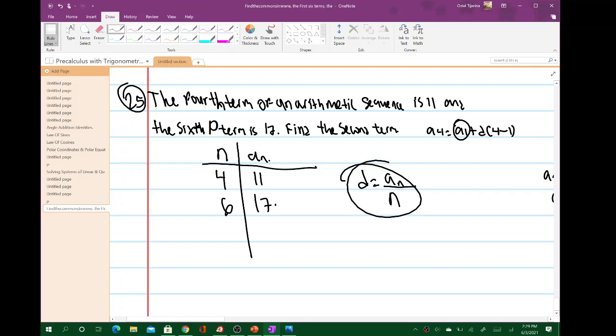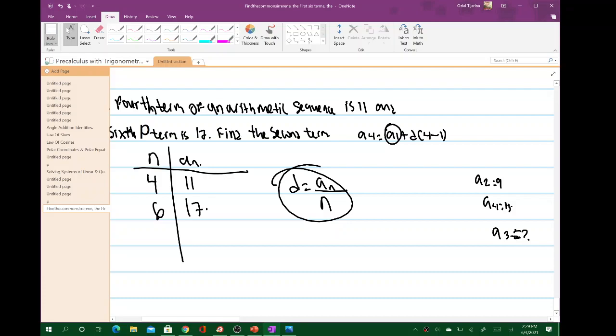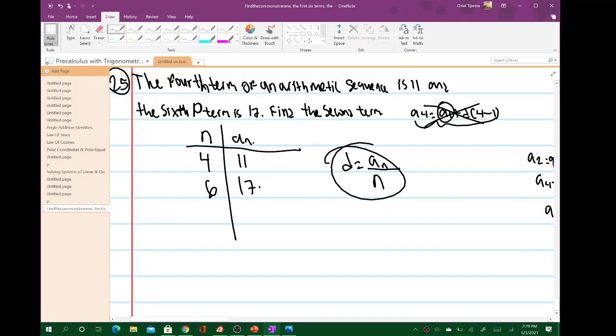That's what that is. Now, obviously we cannot use this formula here because we don't know what a sub 1 is, but this is what I'm letting you guys know this is.